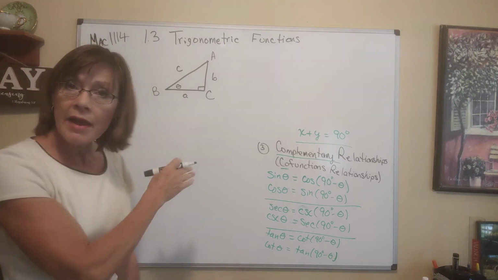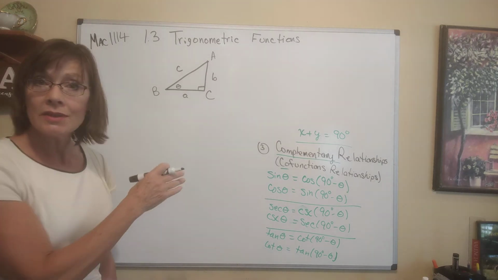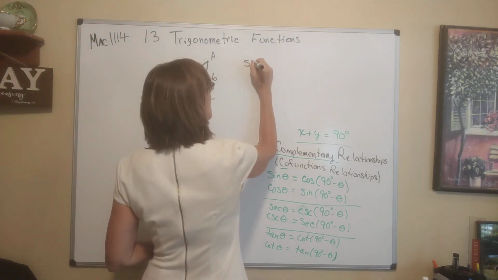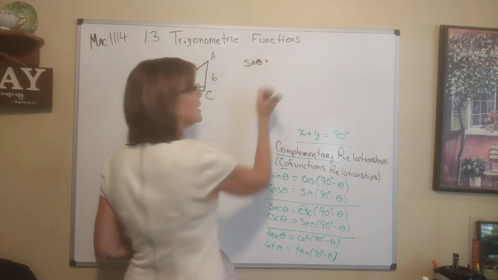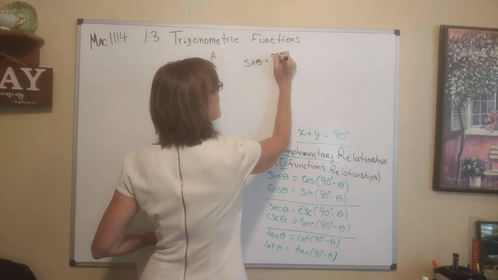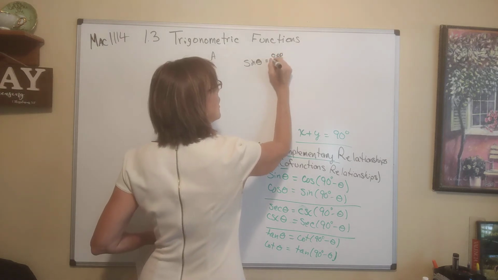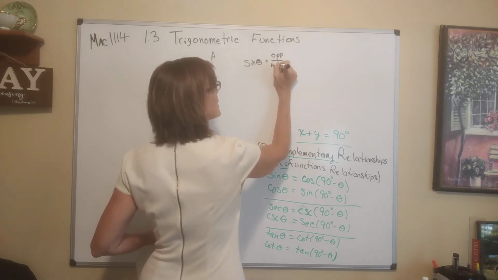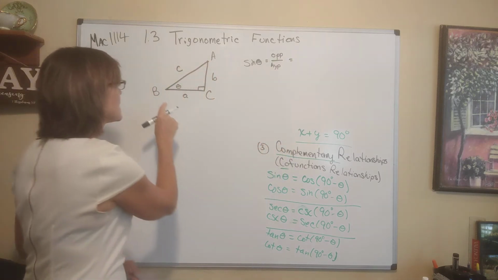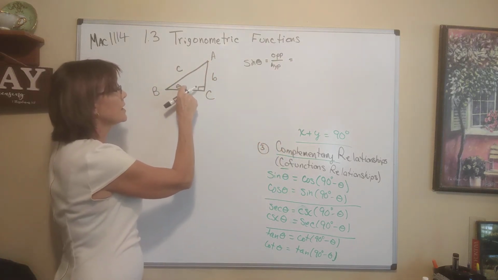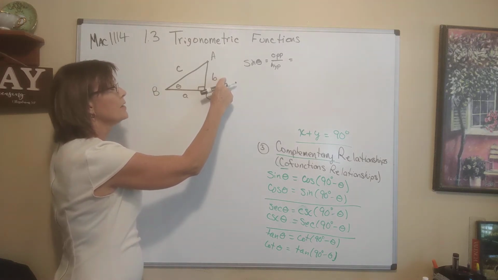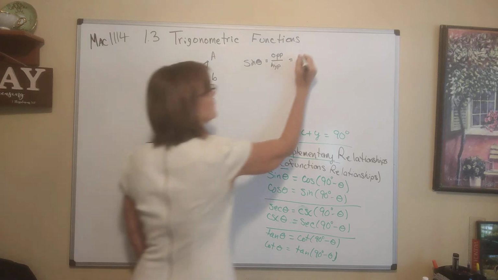If you have a triangle, you can think of it this way: the sine of angle theta is equal to the side opposite over the hypotenuse. And so what that means is that the sine of this angle theta is opposite B over hypotenuse C.